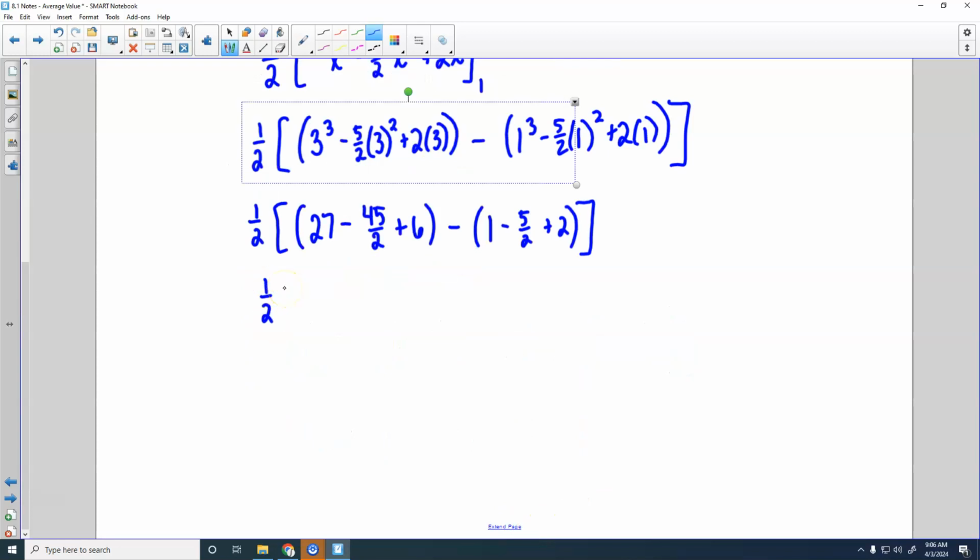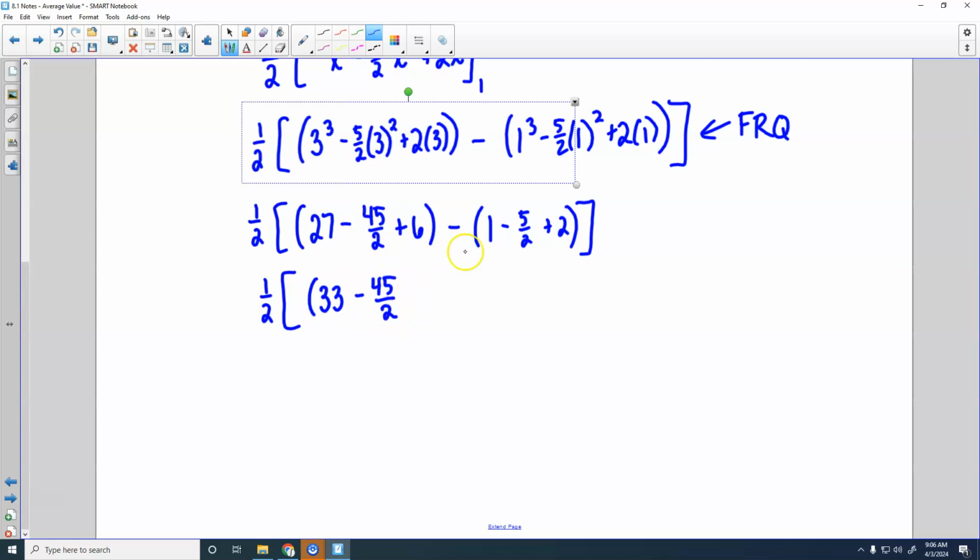And if this were free response, we could have stopped already. We could stop right here for FRQ. You wouldn't have to simplify that, but it might show up on multiple choice as well, in which case you will have to simplify.